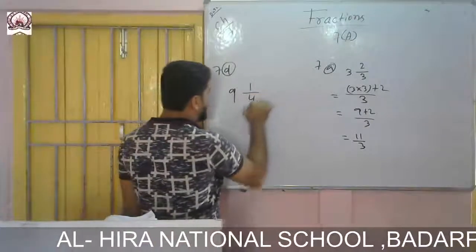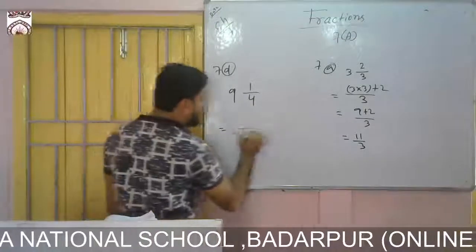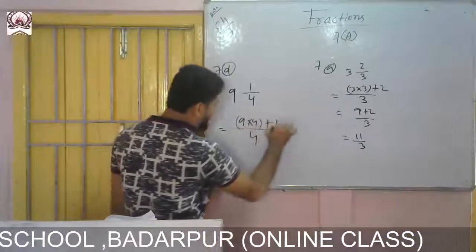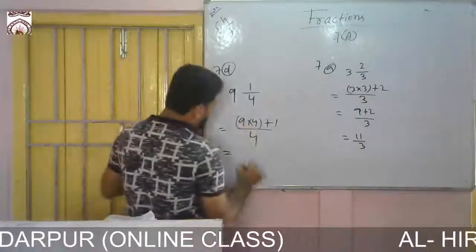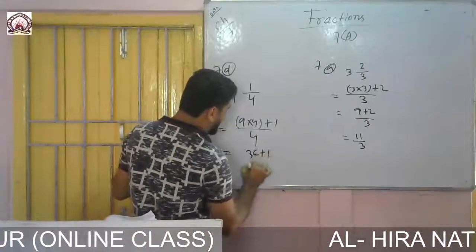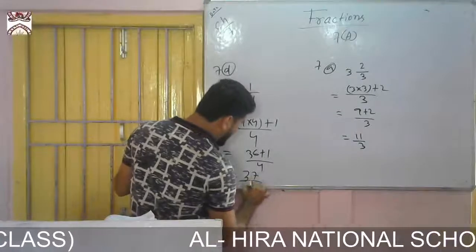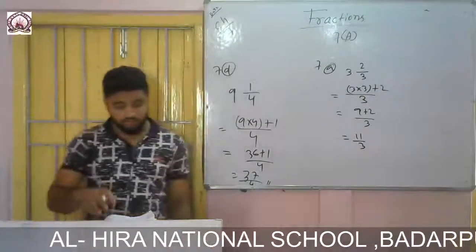So 9 fours are 36. So 9 into 4, then plus 1. 9 into 4 is 36 plus 1 by 4. It is 37 by 4.